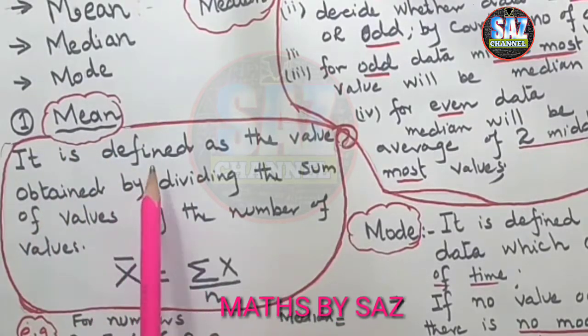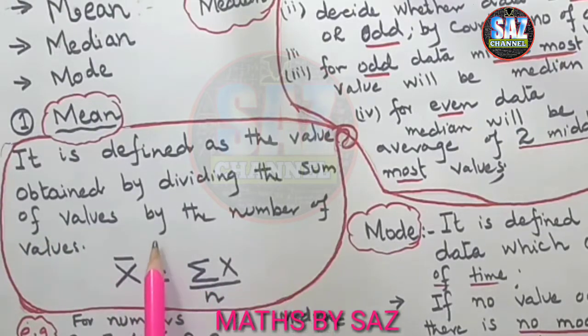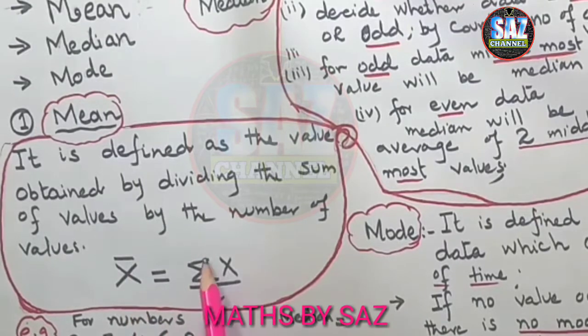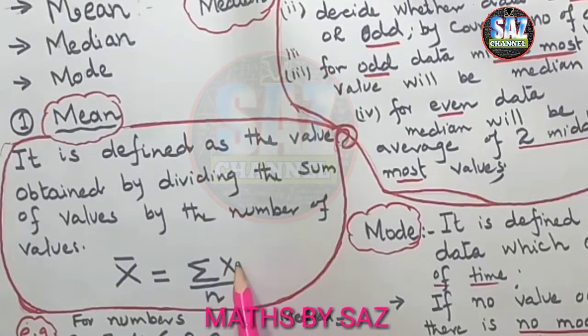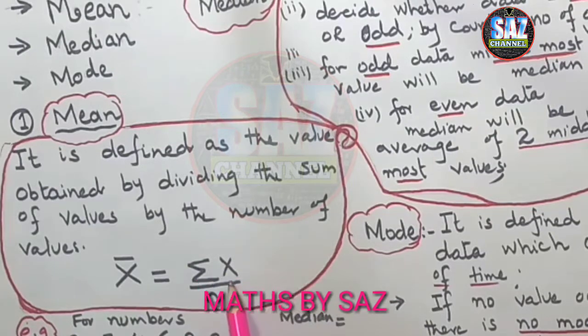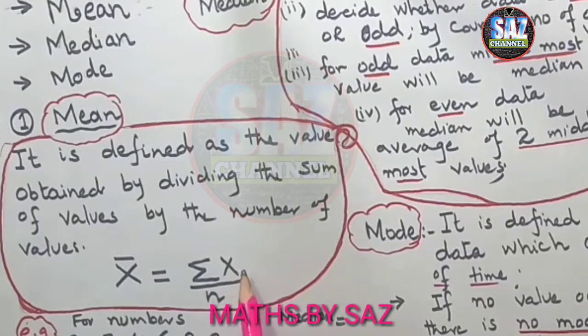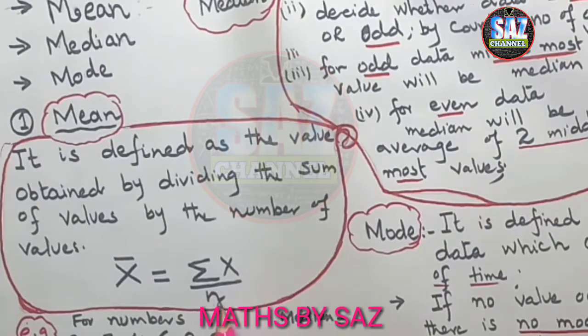It is defined as the value obtained by dividing the sum of the values by the number of values. The formula for the mean is x̄ = ΣX / N. Summation of X means that whatever data is given to us, we have to add those values, and whatever sum we get, we divide that sum by the number of observations.